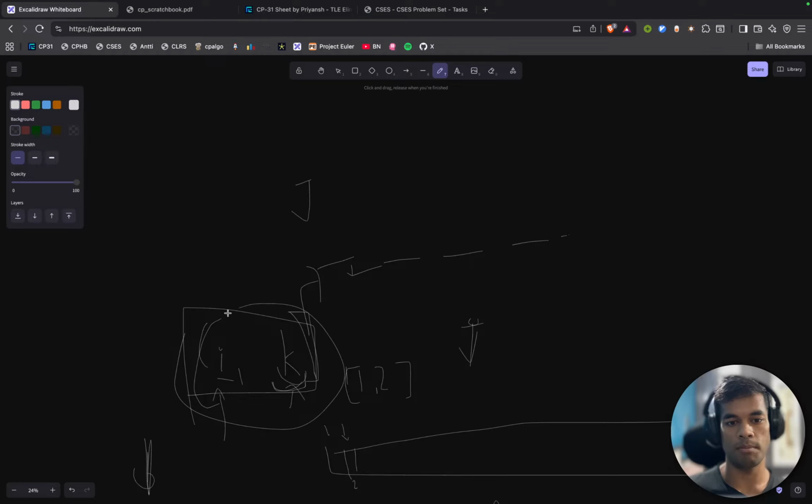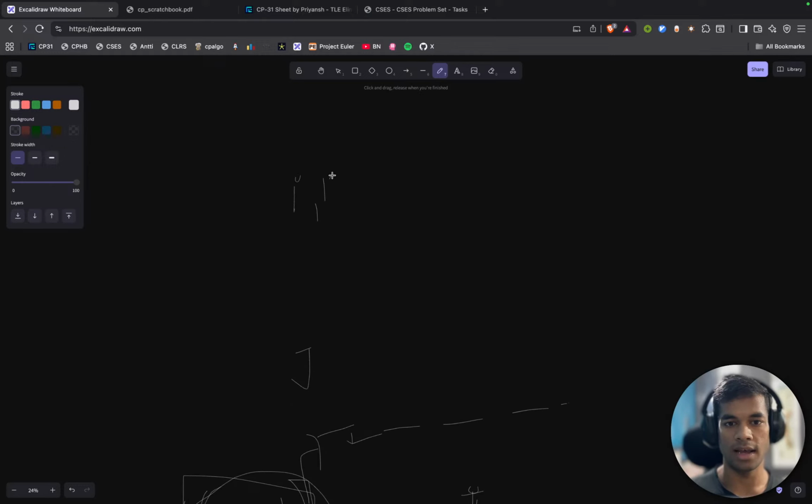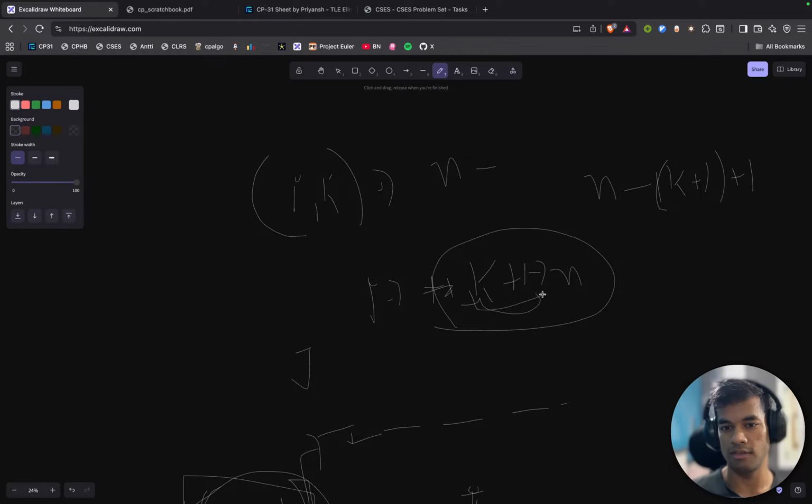So for every pair I and k, we are referencing it in total n minus k plus 1 times, plus 1 because k plus 1 is inclusive and n is also inclusive. j will be equal to n at the end, and at the start it is equal to k plus 1.